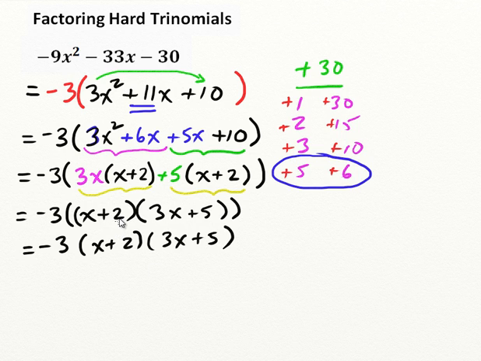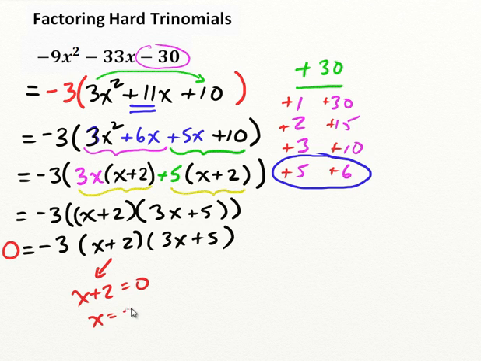I know it's a quadratic. I know it opens down because of the negative. I know it has a stepping pattern of 3. I know that it crosses the y-axis, if I look back up here at the start, at negative 30. And if I set this to 0 and I ask the question, when is x plus 2 equal to 0?